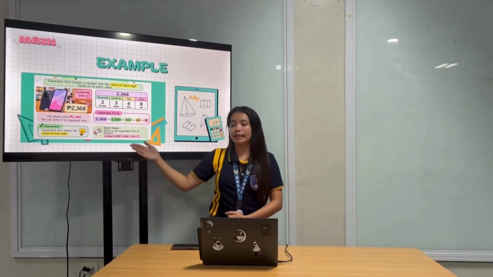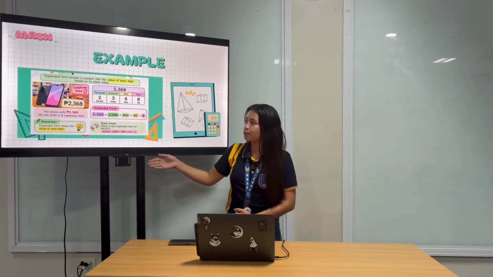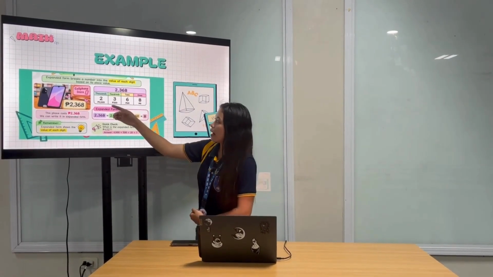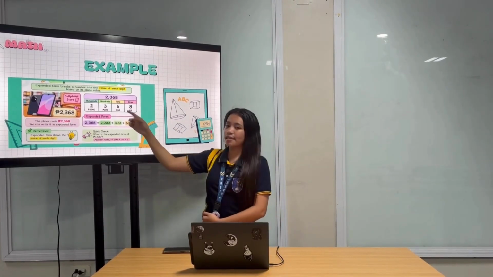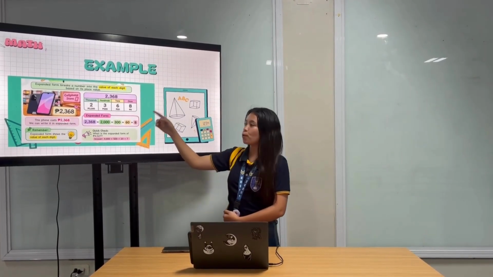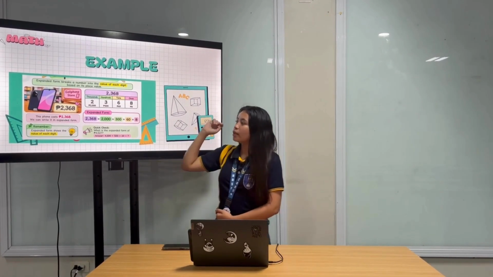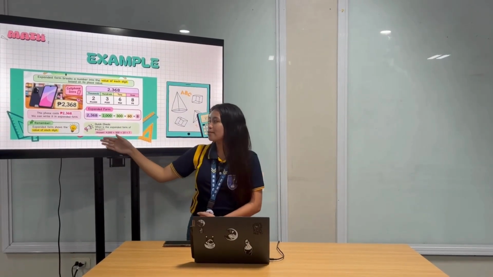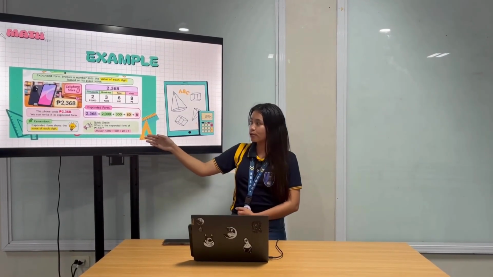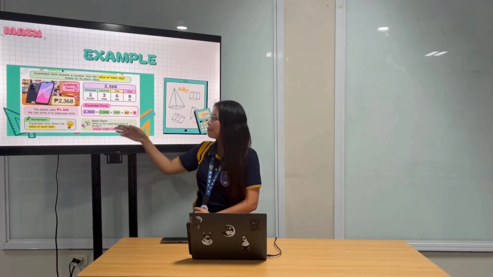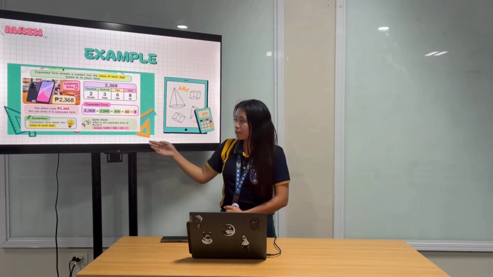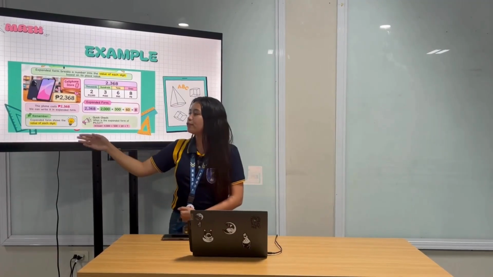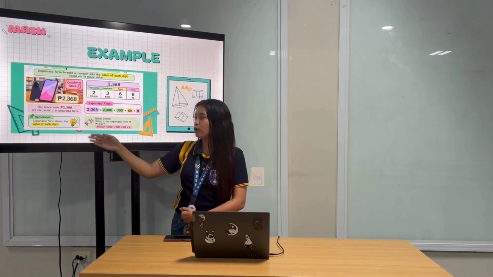We can write it in expanded form. 2 is in the thousands, 3 in the hundreds, 6 in the tens, and 8 in the ones. So, expanded form, 2,368 equals 2,000 plus 300 plus 60 plus 8. Remember, expanded form shows the value of each digit.